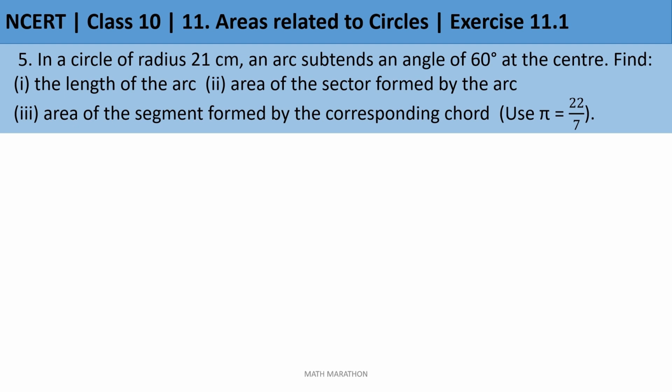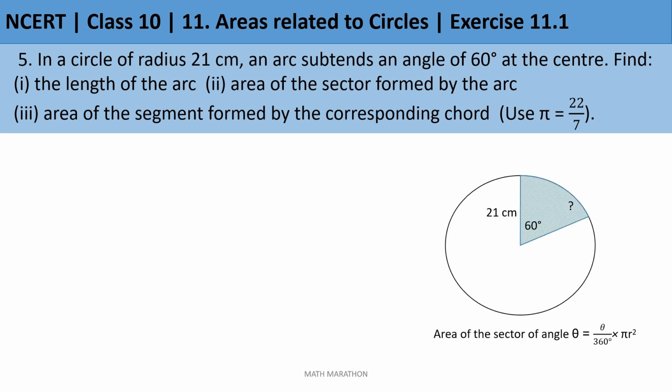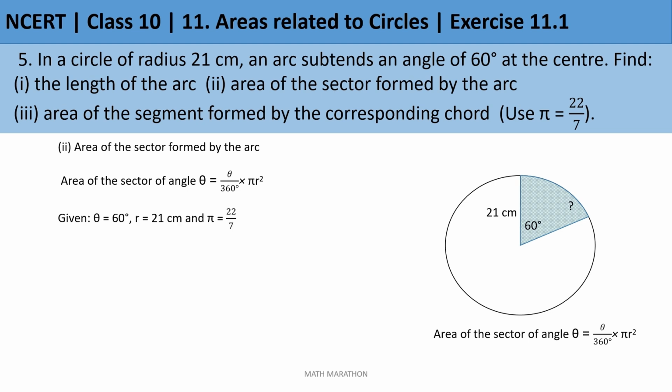Let us see section 2. I have drawn a diagram showing the area of sector. Let us find the area of the sector. Area of sector is equal to theta divided by 360 multiplied by pi r square. We have the following information.